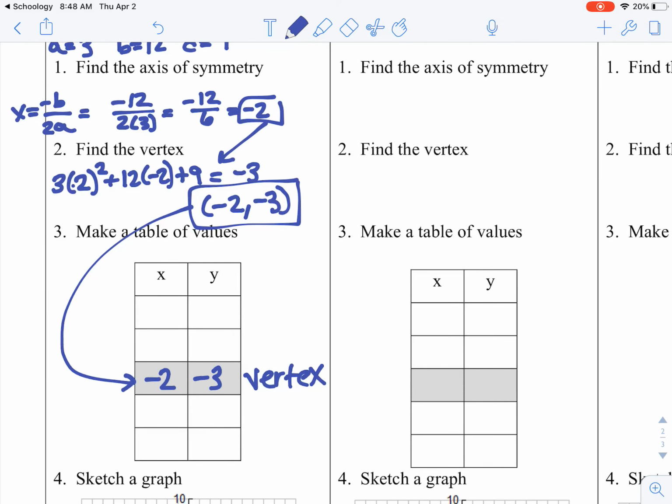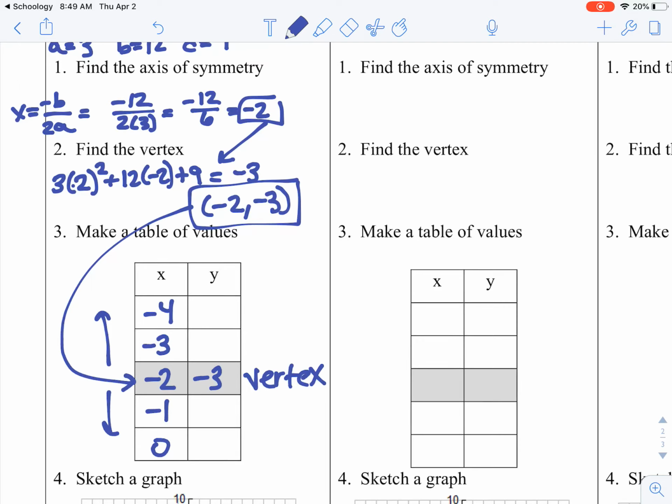And remember, we go to smaller and to larger numbers. Same as when we did our vertex form.